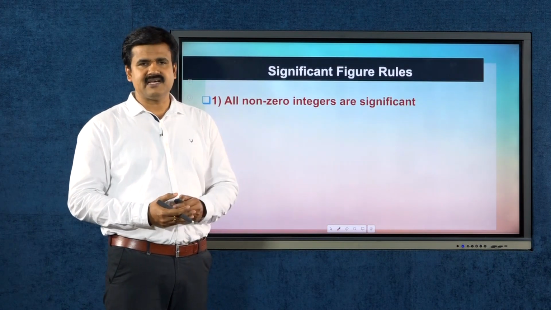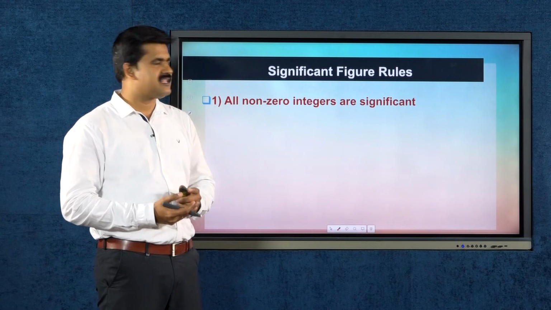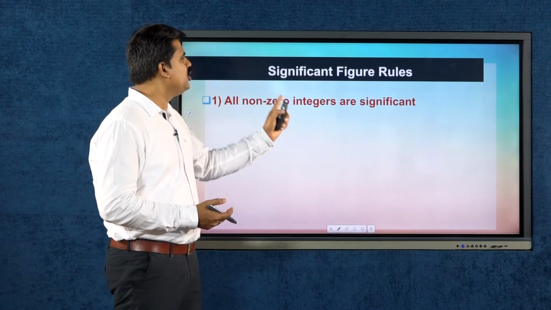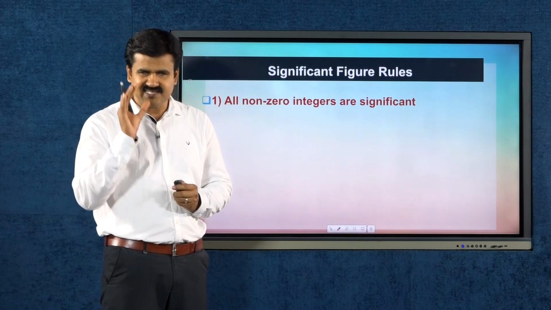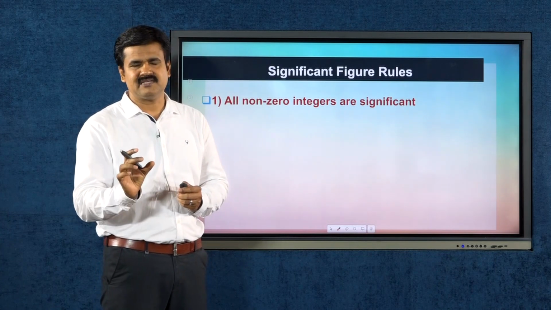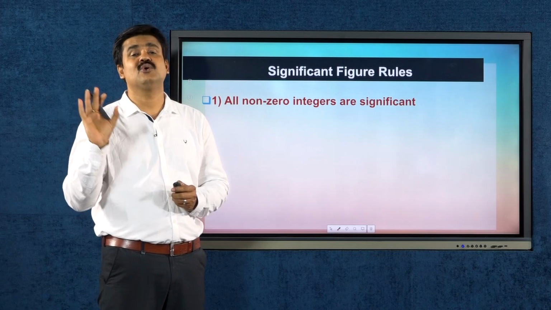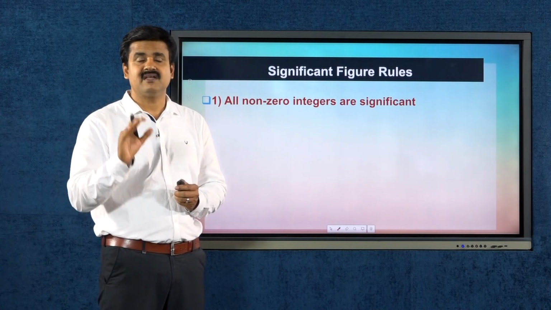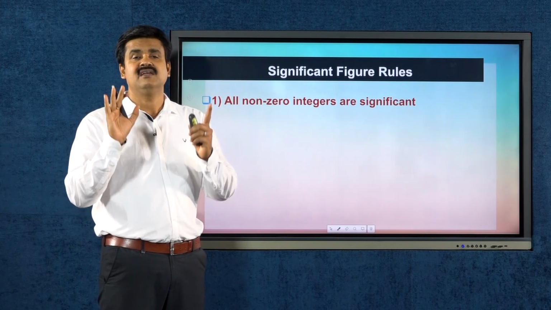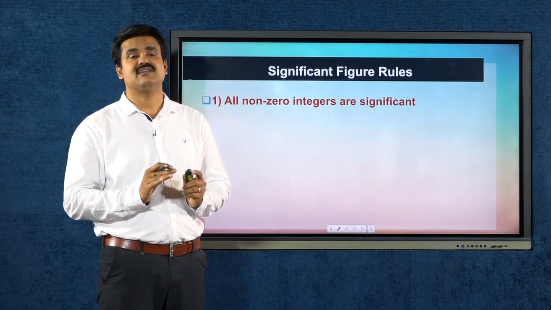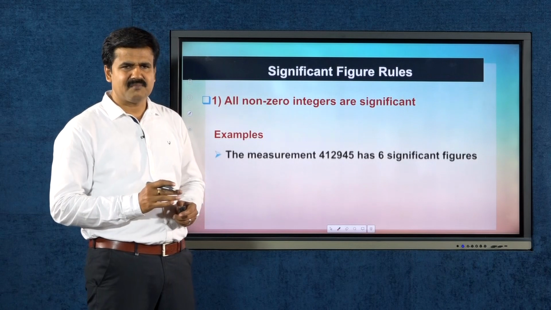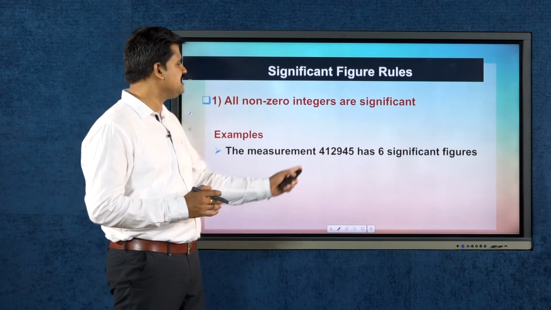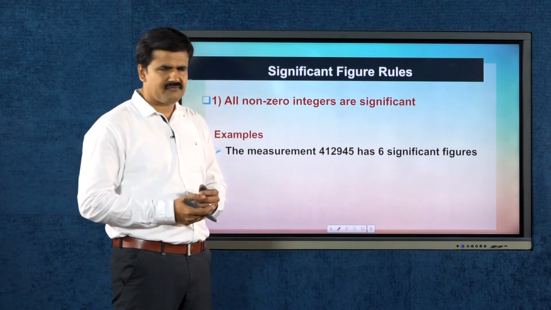The rules are here. The first rule is like this: all non-zero integers are significant. That is, in a measurement, all non-zero digits that appear are treated as significant figures. This point we can illustrate with some examples. Let the measurement be 412945.